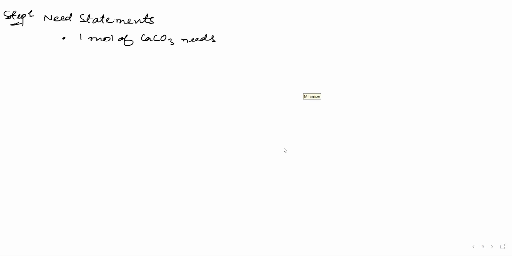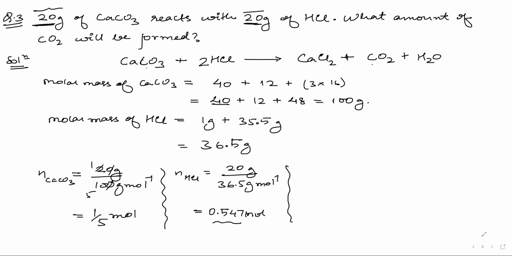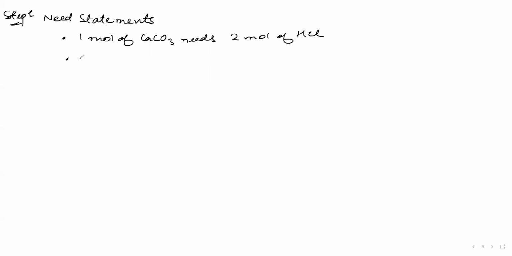You can take 0.5. 1 mole of CaCO3 needs 2 moles of HCl. We have 1 by 5 mole of CaCO3, so it needs 1 by 5's double, which is 2 by 5 mole of HCl.